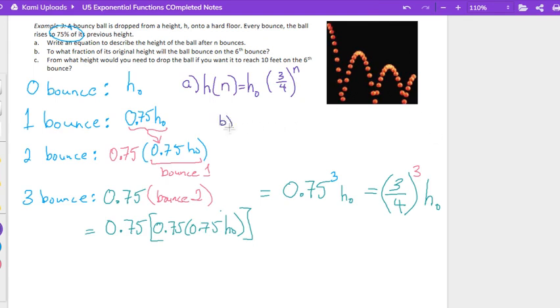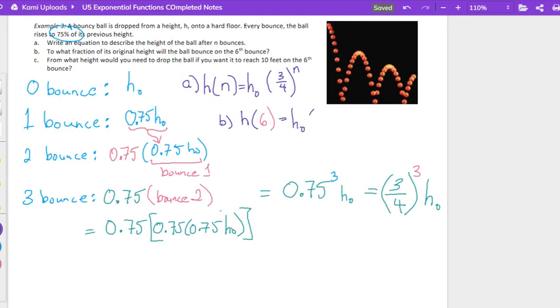Okay, so to what fraction of its original height will the ball have bounced on its sixth bounce? Now, this question you can solve without using this equation, but I want you to solve it using this equation. So what is the height at bounce 6? That's telling us that n equals 6.